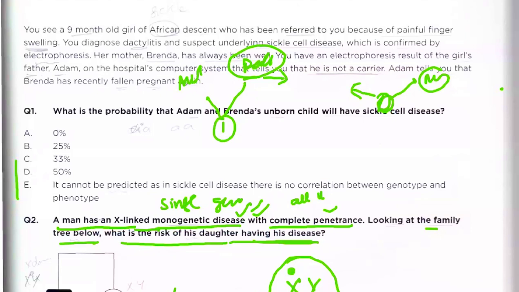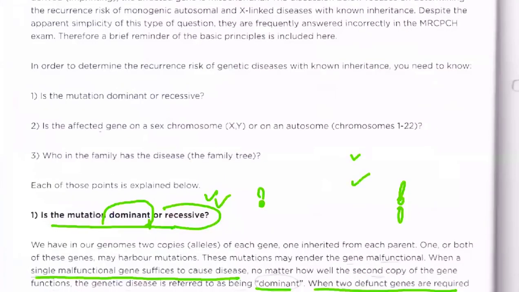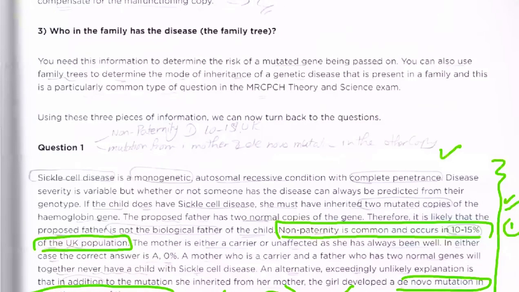That will be your X-linked dominant disease. These are the simple explanations about X-linked dominant or recessive.